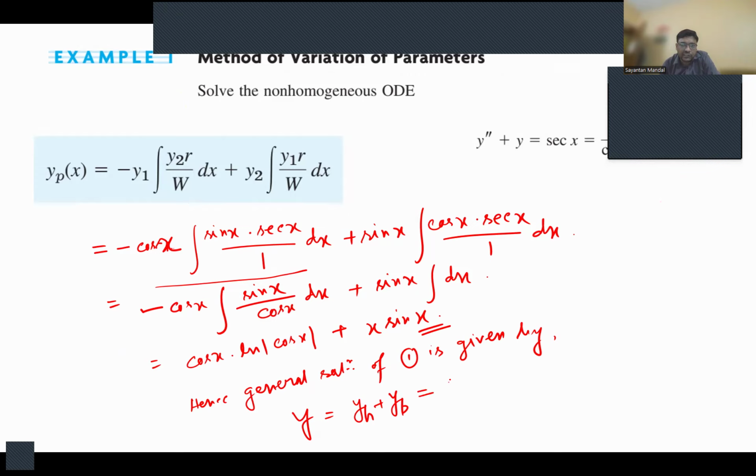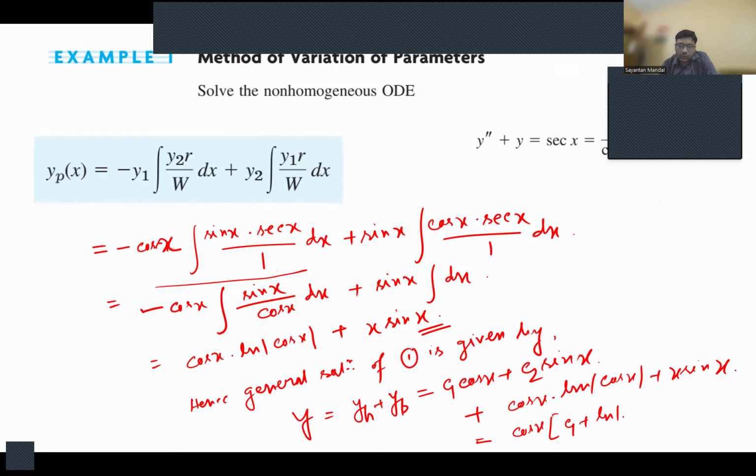So this is equal to yh, which is c1 cos x plus c2 sin x, plus yp, that is cos x ln cos x plus x sin x. You can rearrange the terms if you wish: cos x into c1 plus ln cos x, plus sin x into c2 plus x. This is the general solution.